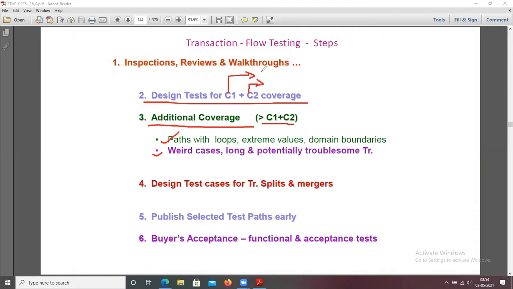C1 means execute all the statements in the program at least once. And C2 means all test cases to execute all the statements.